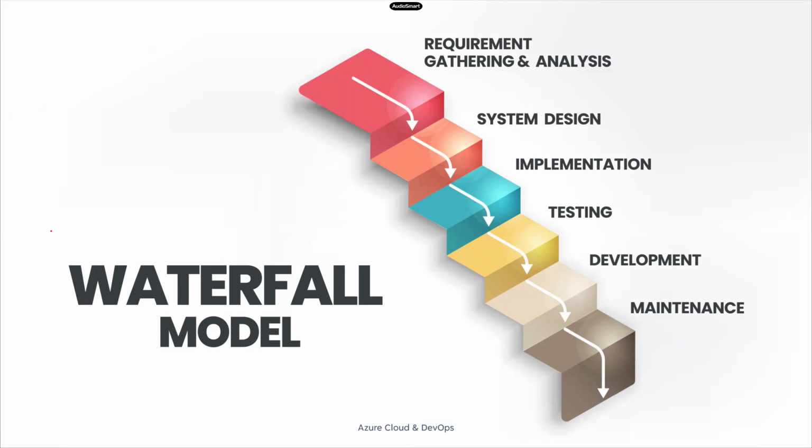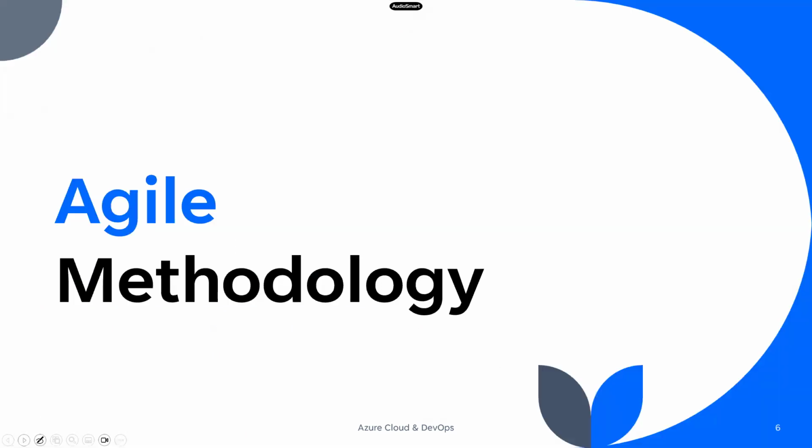And I'm taking some time for this because, if you need to remember it, I have to spend some time on it. So the next is agile methodology. You're able to see my screen, right? The slides are visible. Yes, sir, it's visible.